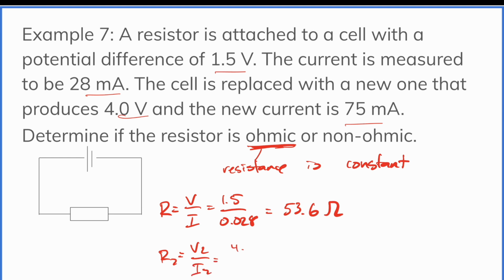So we're going to have 4 volts over 0.075, and we get 53.3 ohms. So I would say, based on these calculations and the measurements and the uncertainty, I would say that this is ohmic because those are very close. So the resistor is ohmic.